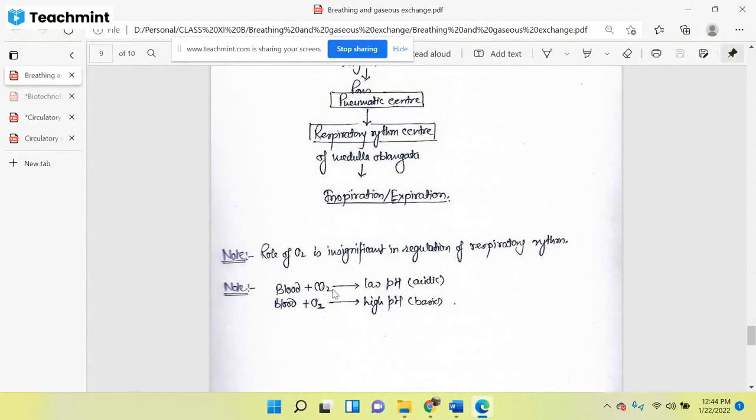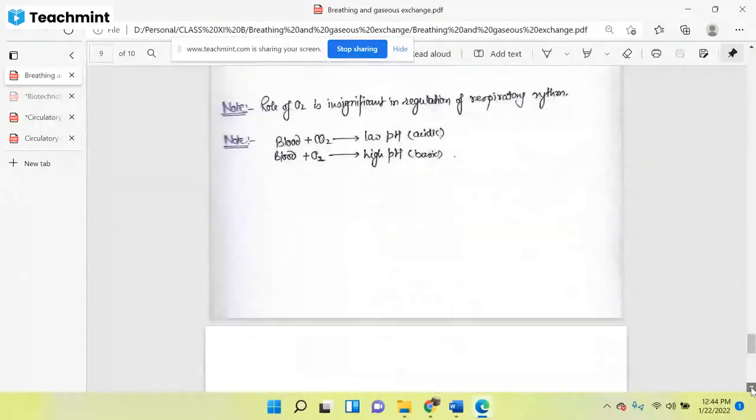So when blood is transporting carbon dioxide, the pH of the blood becomes low and it becomes acidic. And when the same blood is transporting oxygen, then the pH becomes high, and it becomes alkaline or basic in nature.